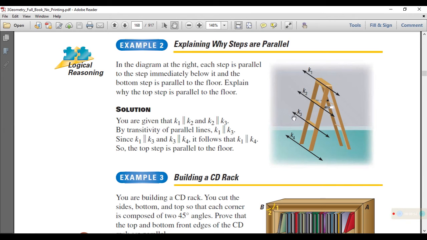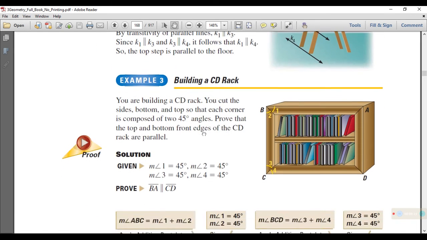Since K sub 1 is parallel to K sub 3 and K sub 3 is parallel to K sub 4, kasi ang sabi, it is parallel to the step immediately below it. Ang nasa ilalim ni K sub 3 ay si K sub 4. Parallel silang dalawa. Since K sub 1 is parallel to K sub 3, K sub 1 is parallel to K sub 4, again, through transitivity of parallel lines. Okay? I hope that was clear.